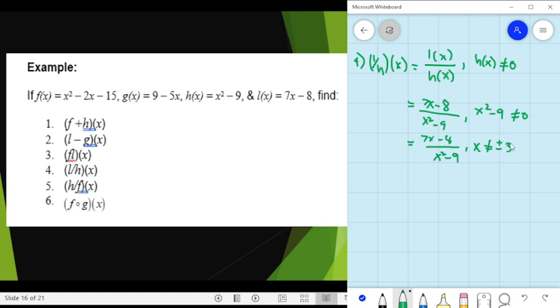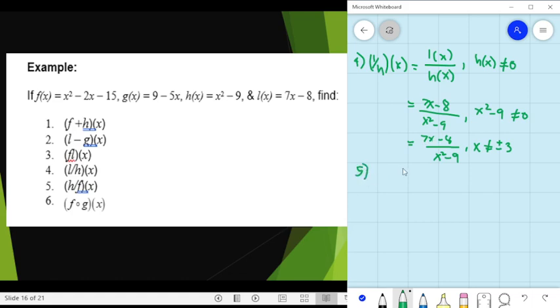Because when x is positive 3, the denominator becomes 0, or if x is negative 3, the denominator also becomes 0. So if the denominator becomes 0, that means this function is undefined. So dapat di mag-0 ang denominator. Pero numerator gani ang mag-0, it's okay. Okay? I-solve pa natin.